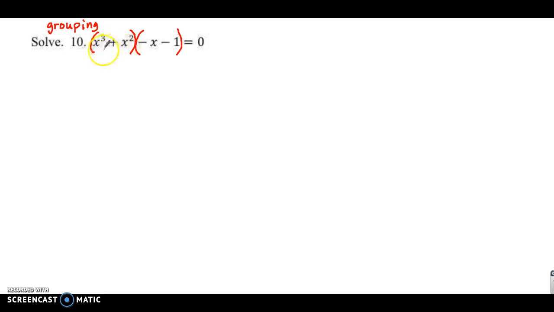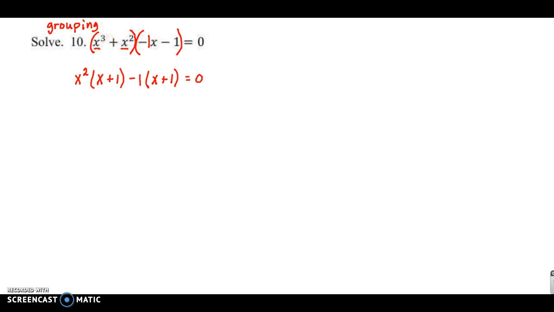When I factor the first 2, notice the common factor between x to the third and x squared is x squared, and I'm left with an x and a plus 1. On the second one, when I factor that, the common factor between negative x, you can think of that as negative 1x minus 1, would be a negative 1, which would leave me with an x and a plus 1.